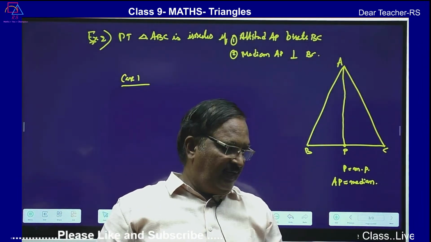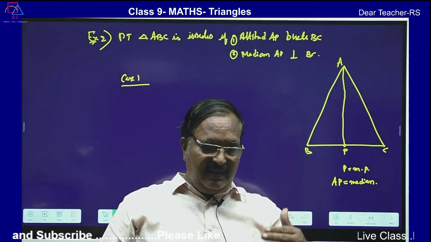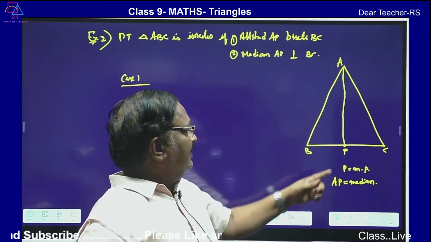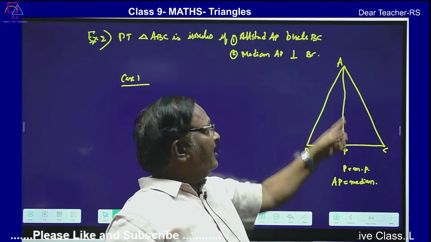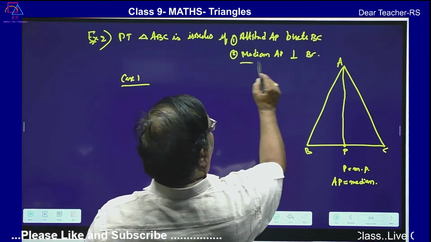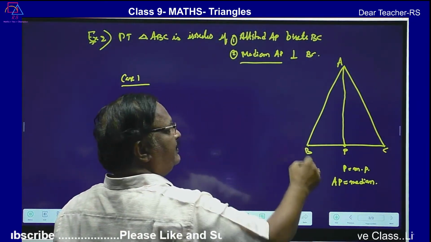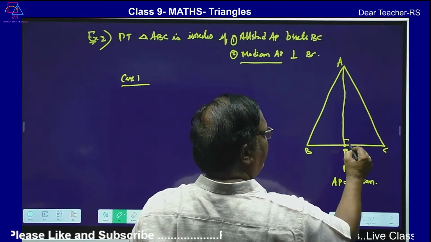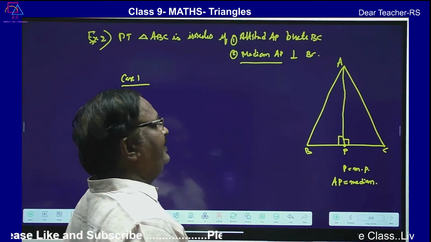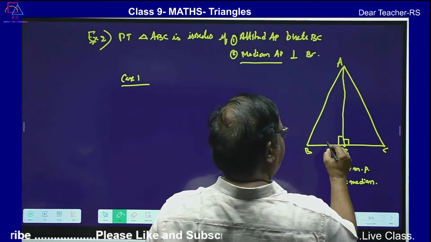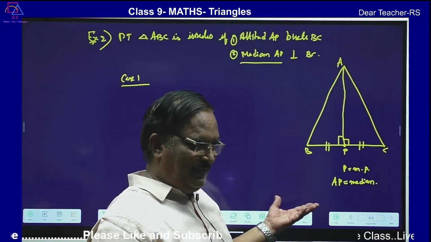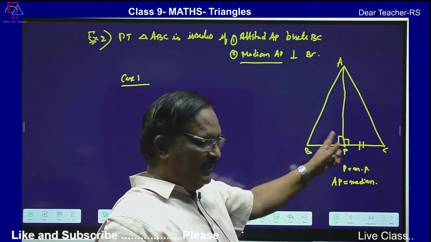The line joining the vertex and the midpoint of the opposite side. So median AP I have drawn, and this median AP is also perpendicular, 90 degrees. So BP is equal to CP, and this is 90 degrees.